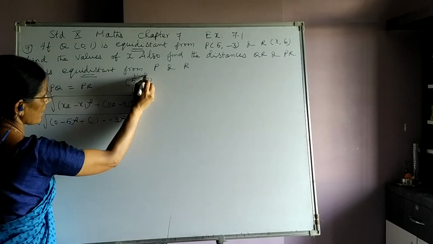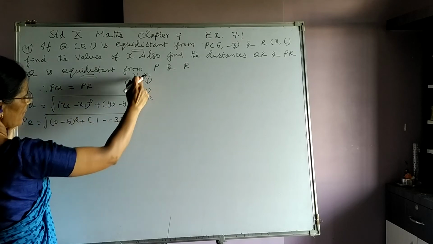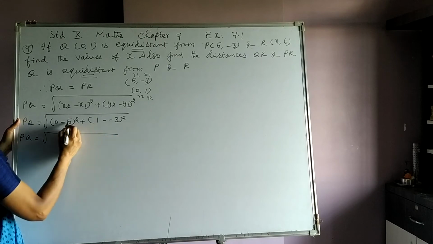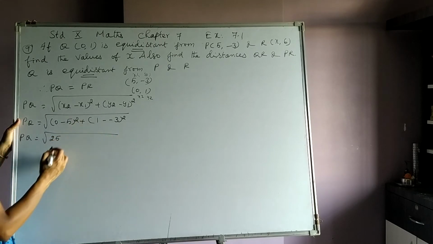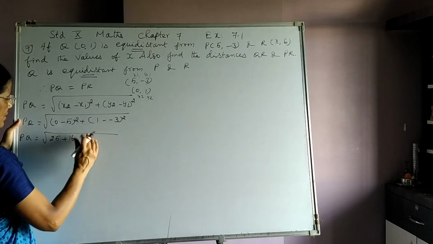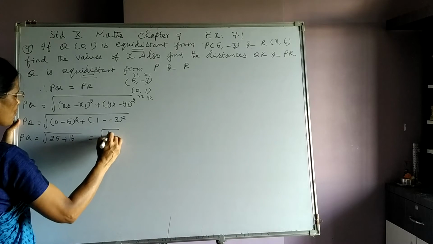In this formula we have done the substitution. So PQ is minus 5 the whole square, which becomes 25, plus 1 plus 3, that is 4, 4 square is 16. So 25 plus 16, it is root of 41.